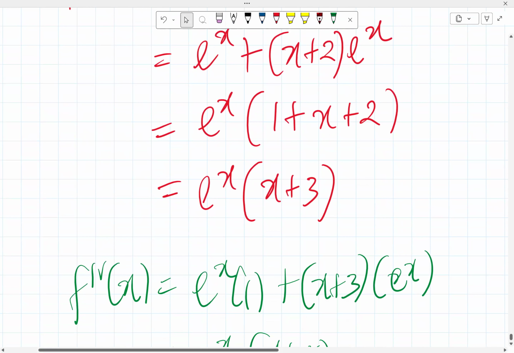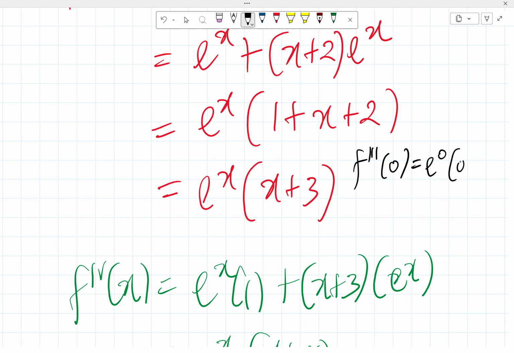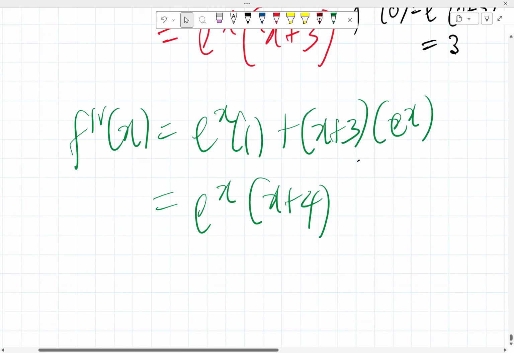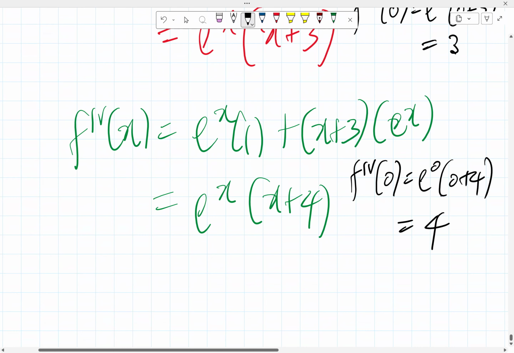Okay, I guess the next one will just be 3. So this f prime prime prime of 0 will be e raised power 0 into 0 plus 3. So this one will be 3. Okay, I see the pattern coming out already. So the fourth derivative of 0, that is e raised power 0, 0 plus 4. And of course, that will be 4 at last.